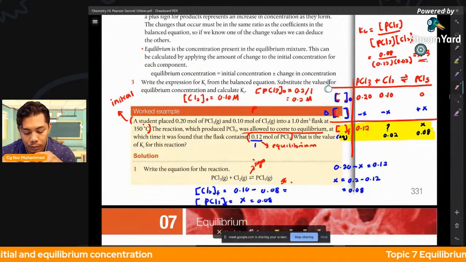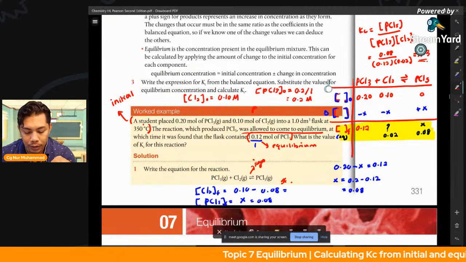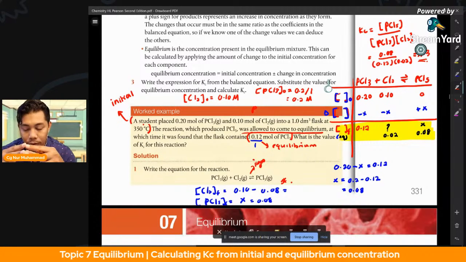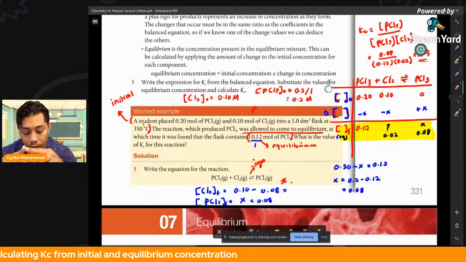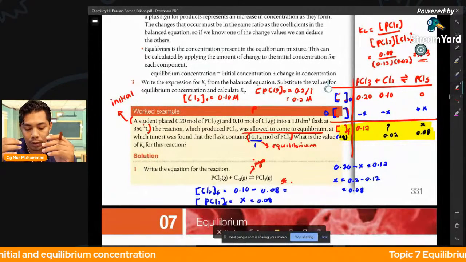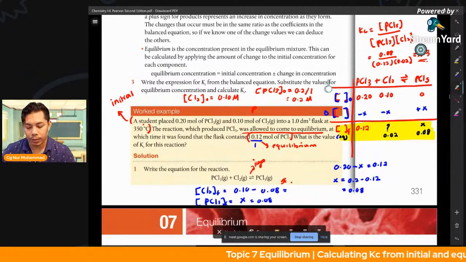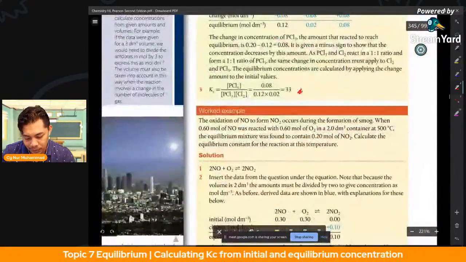So by using the table, okay, this is method. Saya tak sure apa nama method ni. So you can calculate the final concentration, which is equal to the equilibrium concentration lah. And then barulah kamu boleh guna formula of Kc. Boleh faham ni kelas? Okay, ada lagi tak soalan yang lain?